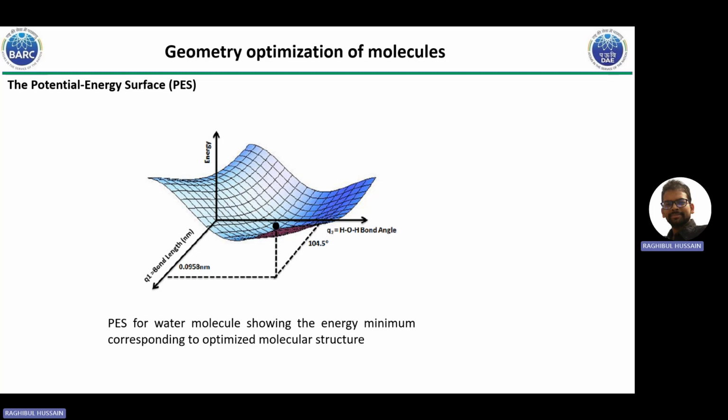You see, this is the landscape, where I am standing here. This is your energy, and this is the water molecule. You can take one bond length as Q1, one degree of freedom, and the HOH bond angle as another degree of freedom, Q2. In the optimized condition of Q1 and Q2, whatever energy the water molecule has is the minimum energy.